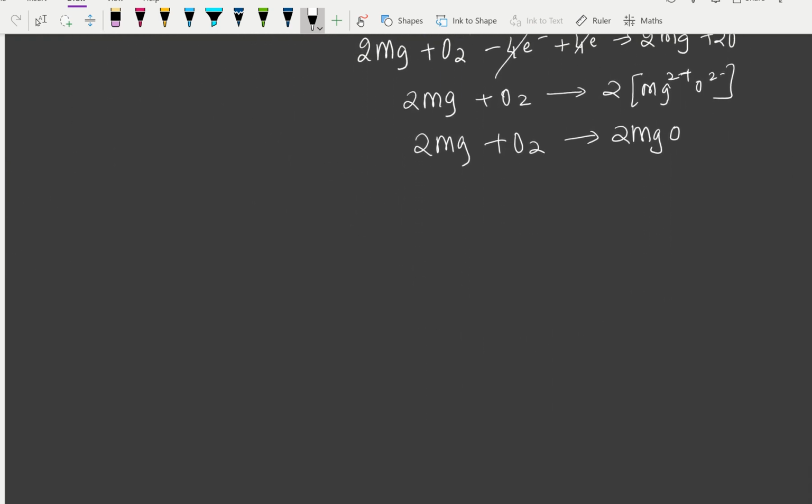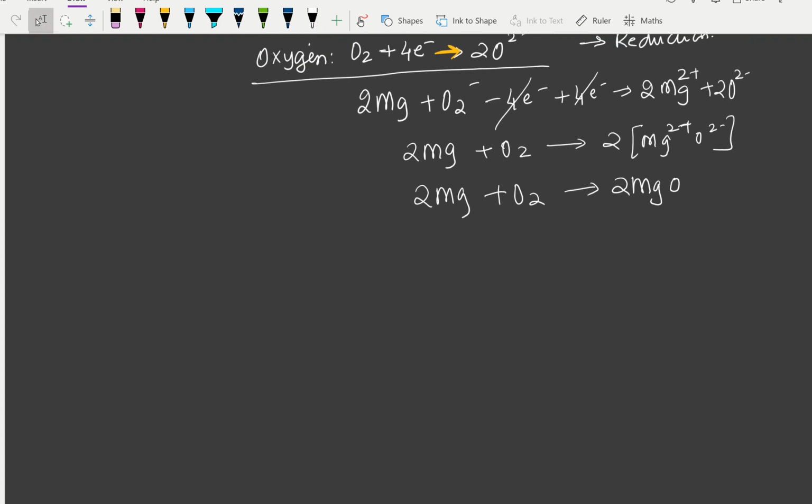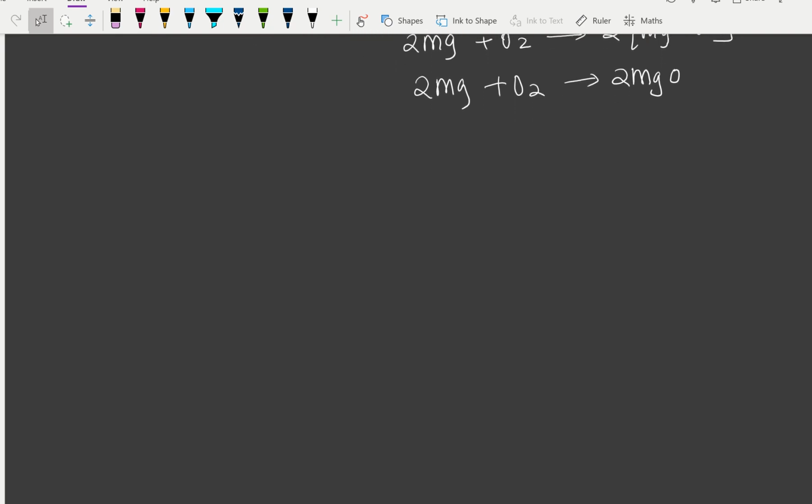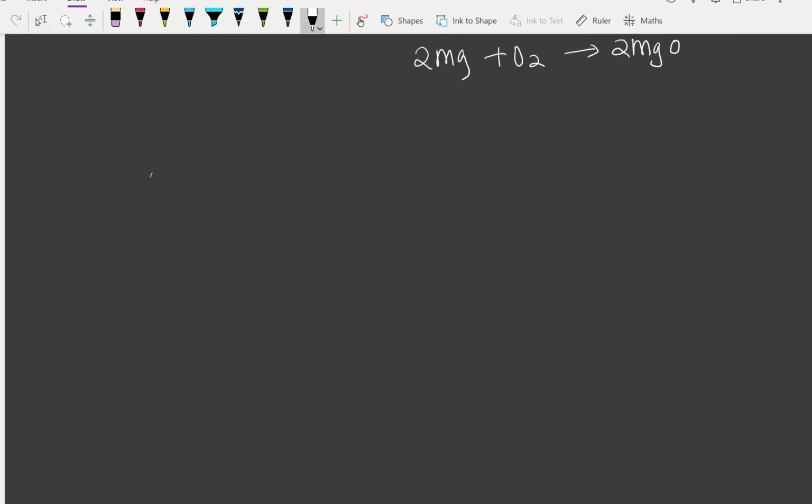So this is how you will be using the concept of loss or gain of electrons to identify whether there's an oxidation reduction happening for a species, and the overall redox reaction you need to identify. The last one remaining is oxidation and reduction in terms of hydrogen.